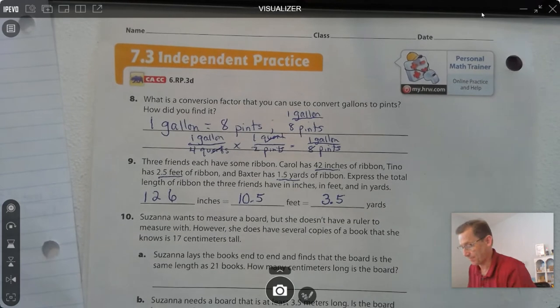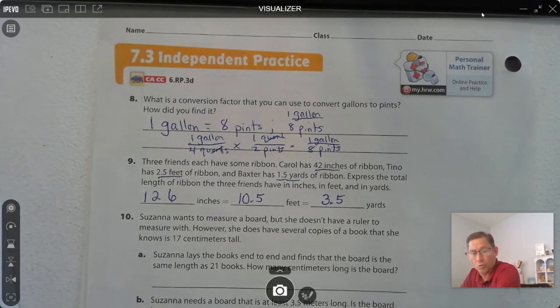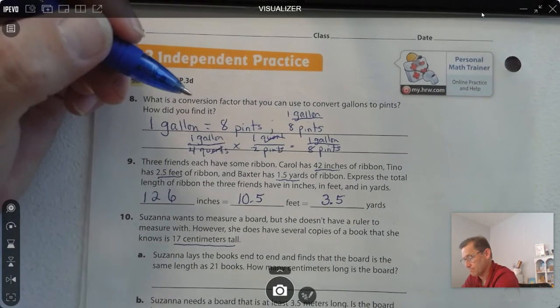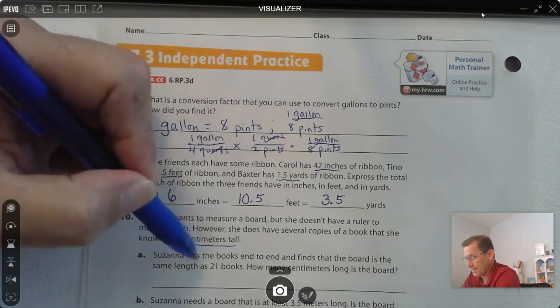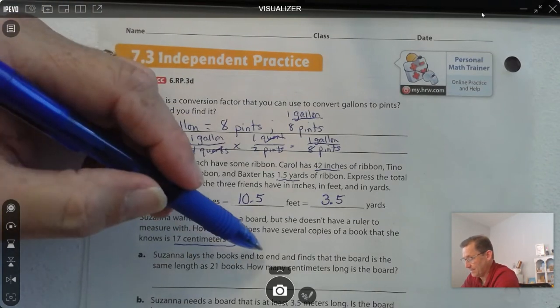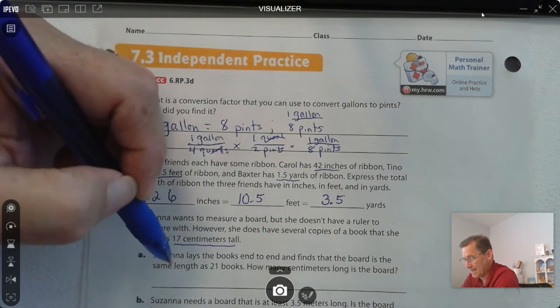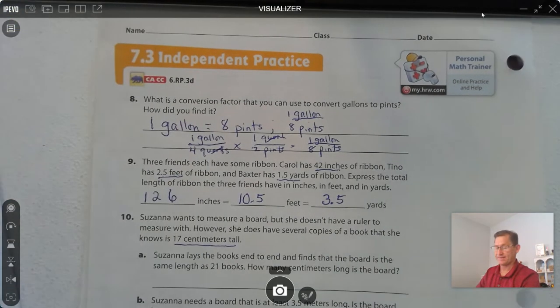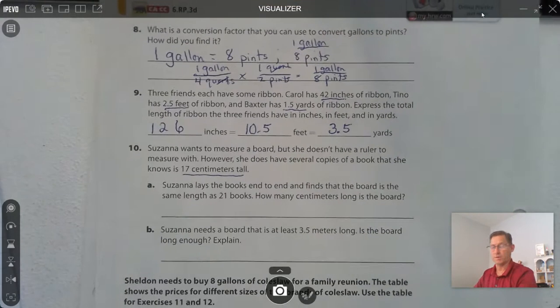Right, number 10. Susanna wants to measure a board, but she doesn't have a ruler to measure with. However, she does have several copies of a book that she knows is 17 centimeters tall. So Susanna lays the books end to end and finds that the board is the same length as 21 books. How many centimeters long is the board?